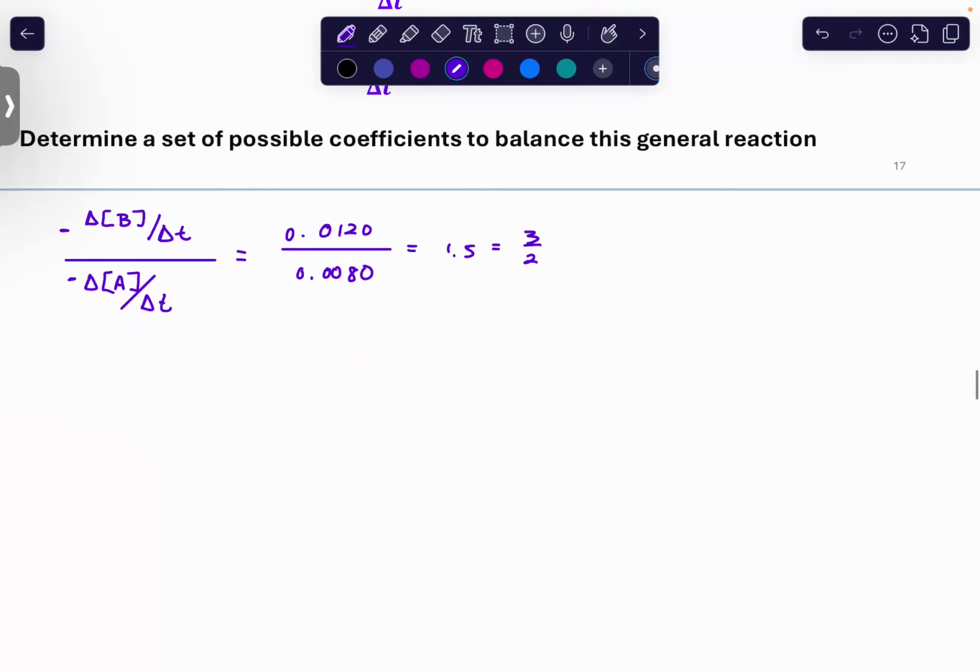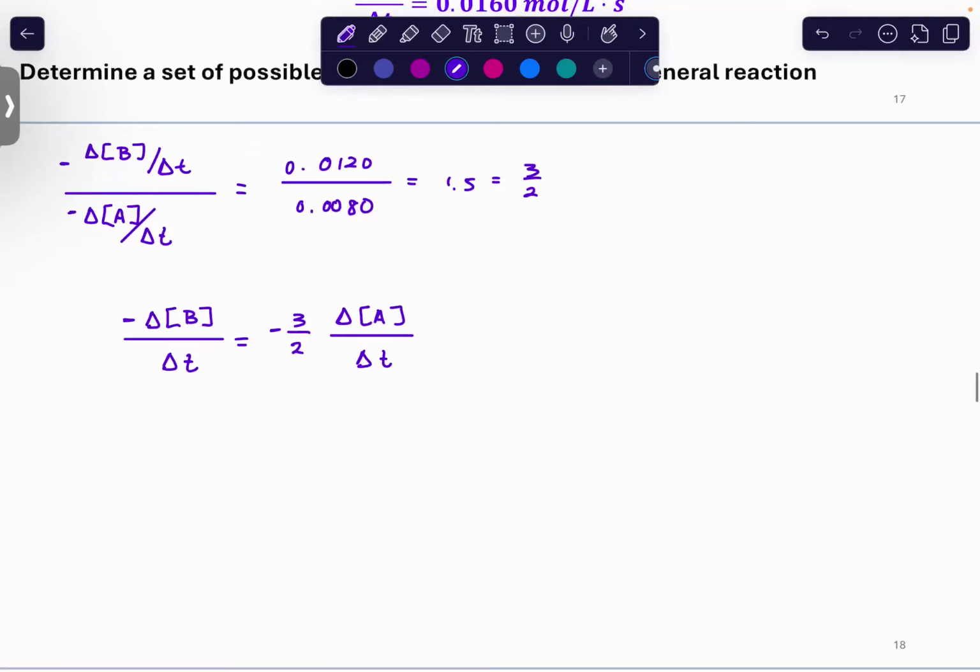So now I'm going to multiply through. And let's get a fraction on each side.